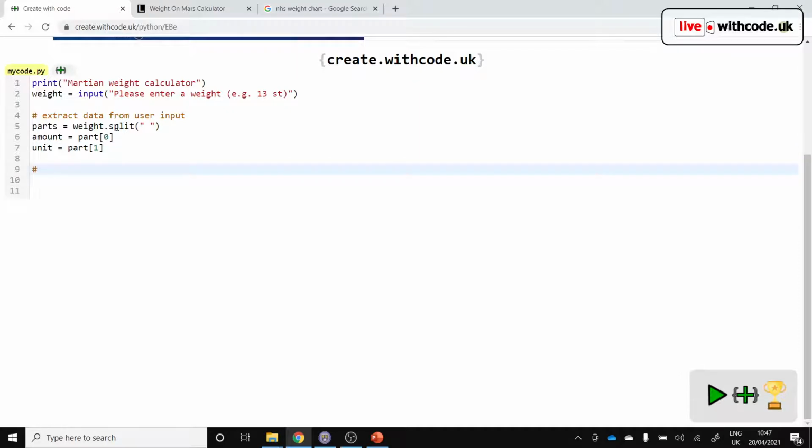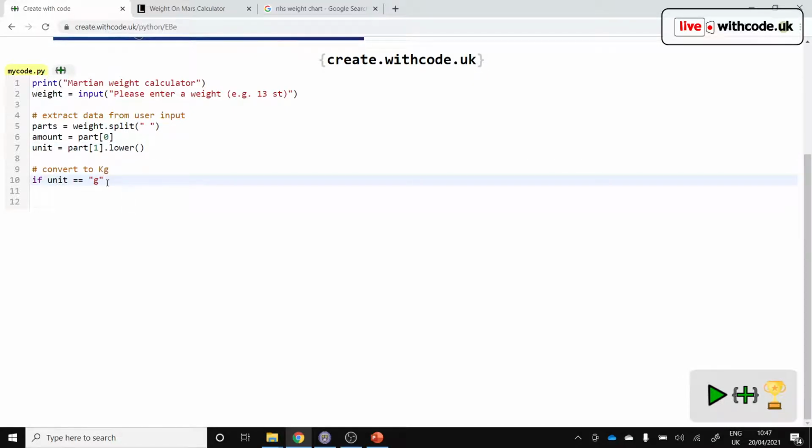And then we need to do some unit conversions. Let's convert to kilograms. So if the user types in a unit of grams, so if unit is equal to grams, now they might type in a capital G or a lowercase g. So it would make sense if we do a case conversion on the unit, so it's always going to be in lowercase.